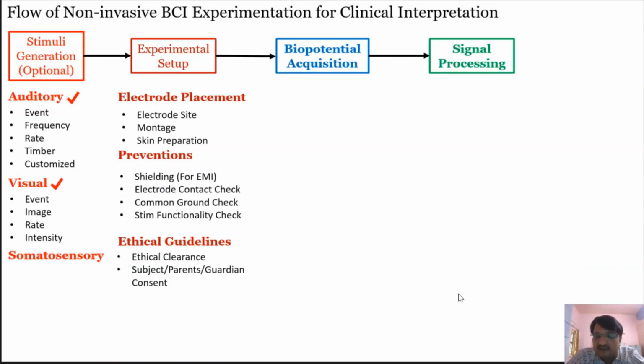At the same time, if you are performing this experiment on any subject, even if it is your friend, you should have a proper consent form signed by the subject. Some cognitive neuroscience experiments involve newborns or neonates, so in that case you should have a parent's or guardian's consent. Ethical clearance and subject consent, or guardian's consent, are two very essential steps for research methodology.